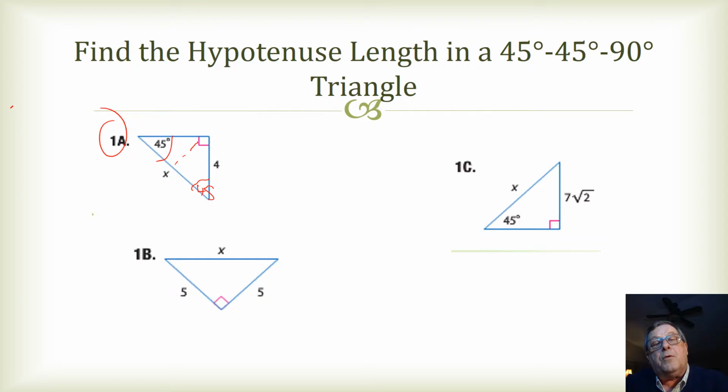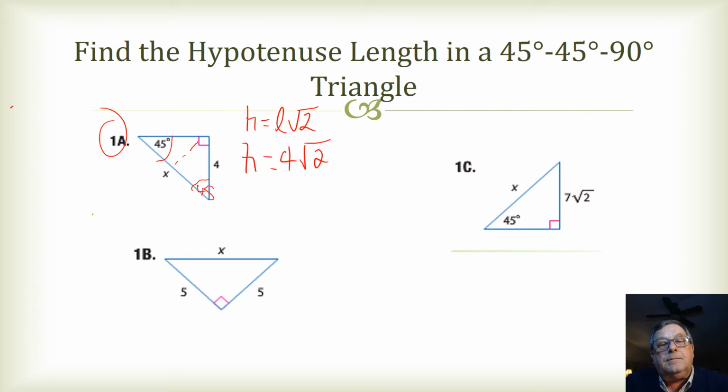If we remember, the hypotenuse is equal to the length of a leg times the square root of 2. So this is pretty simple. The hypotenuse is going to be 4 times the square root of 2.